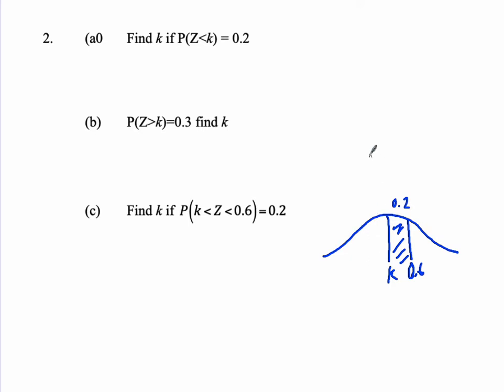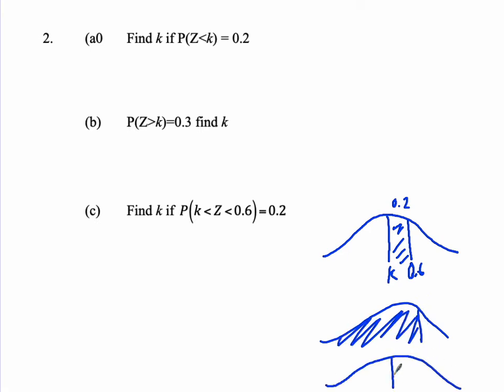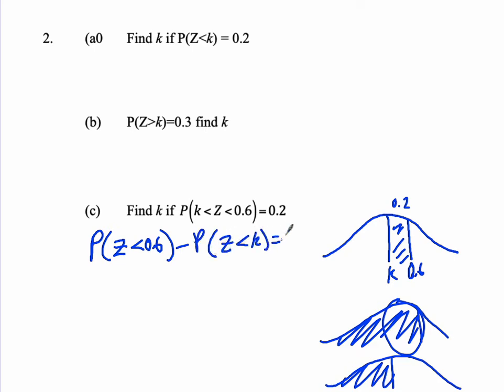To get that area, you take the entire area up to 0.6, and then you subtract the area up to k, and that will give you this area right here. So this is the equivalent of saying probability z less than 0.6 minus probability z less than k has to be 0.2.